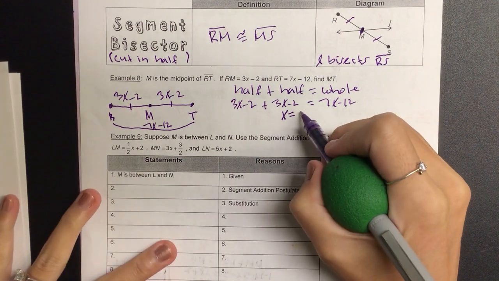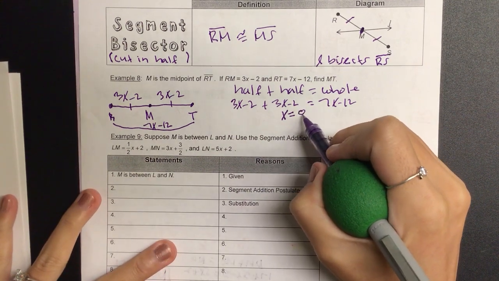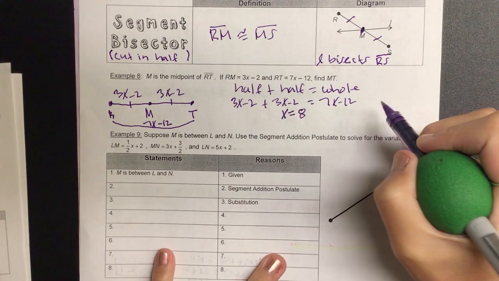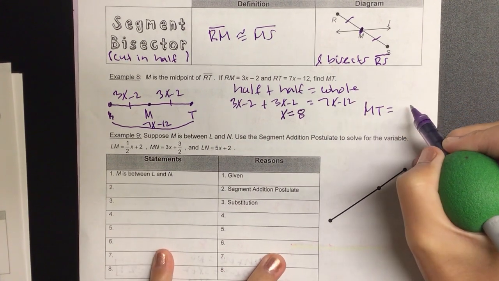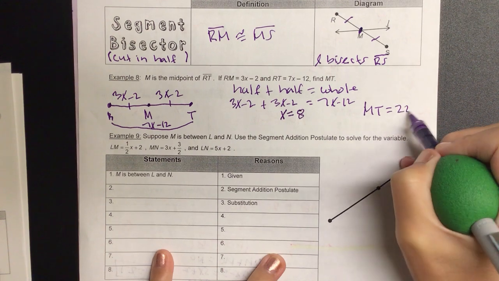How many is my x? 8. Very good. But that's not what I asked you for. So to find MT, how many? 22. Very good.